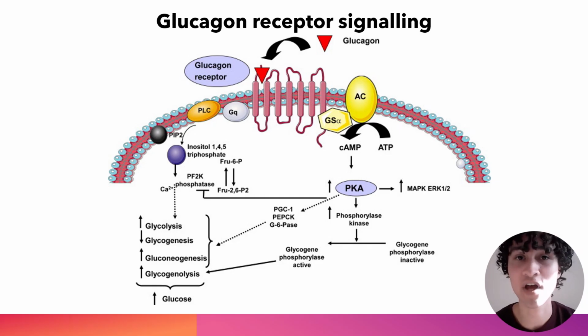And of course, I'm going to touch on all of this a lot more in the coming slides, but this is a really good diagram that shows you the relationship the signal transduction pathways, protein kinase A, glucagon, has with all of these different metabolic pathways.